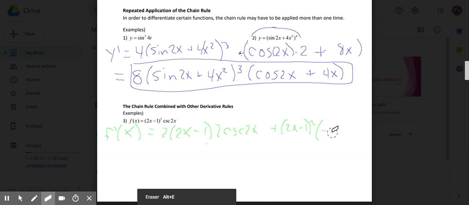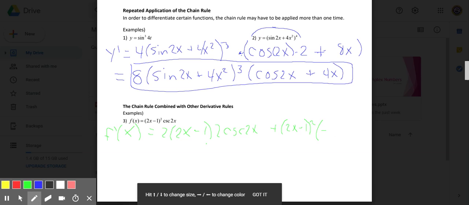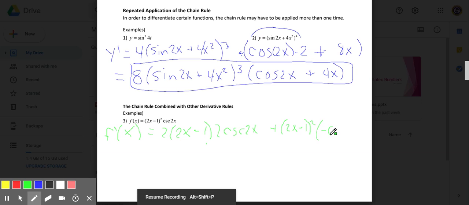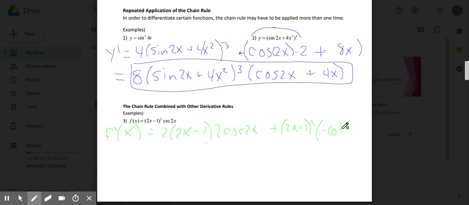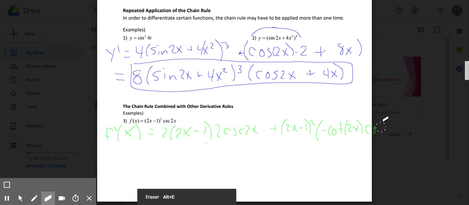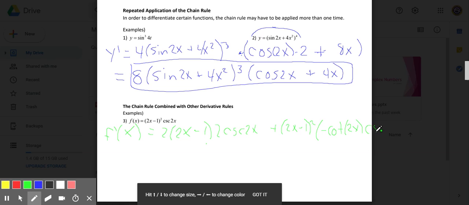It's negative cotangent 2x times cosecant 2x.